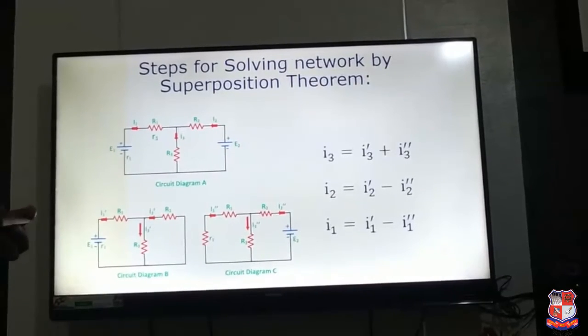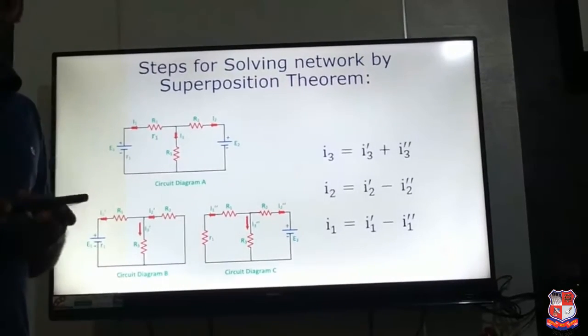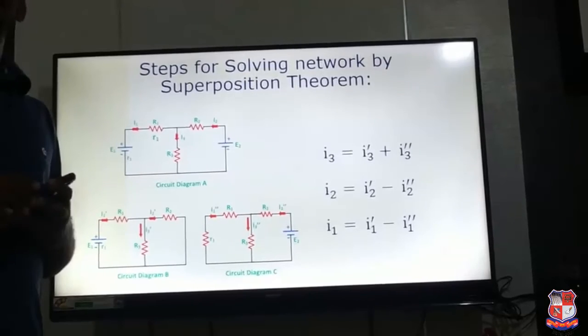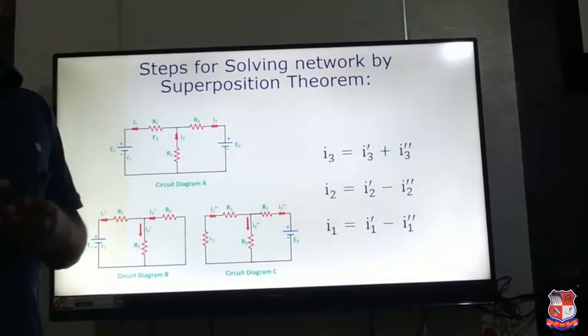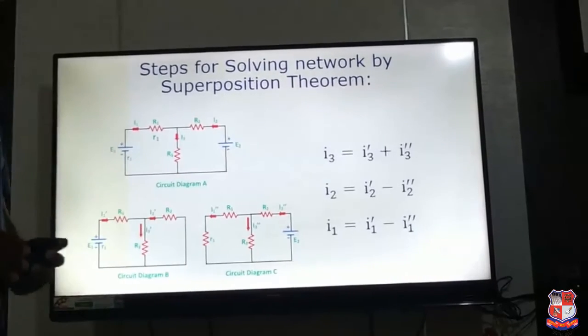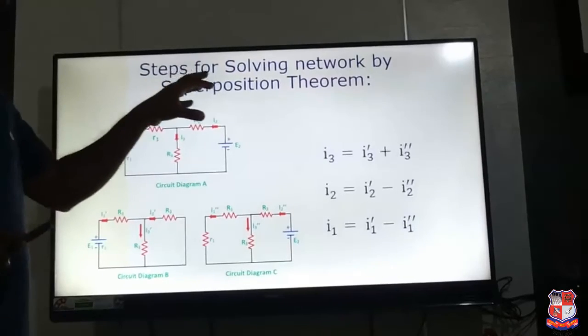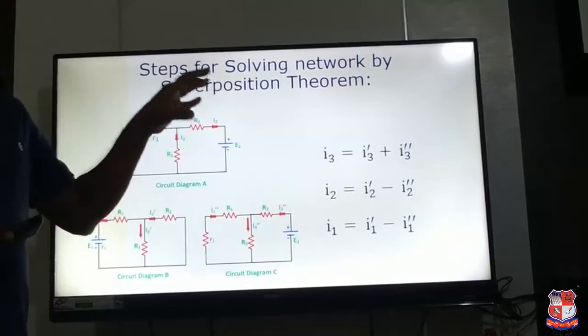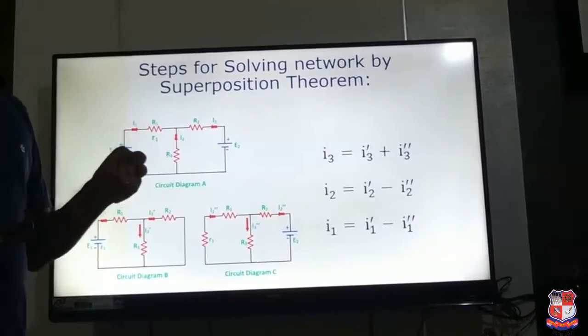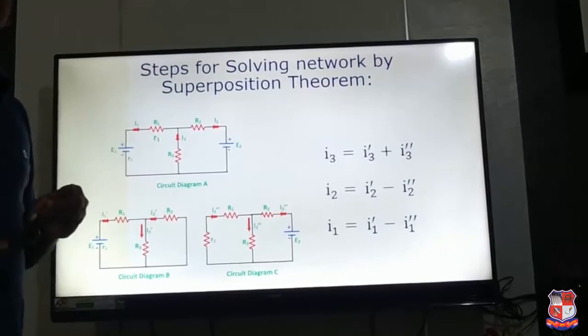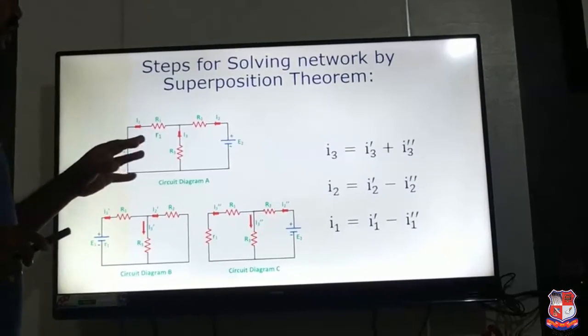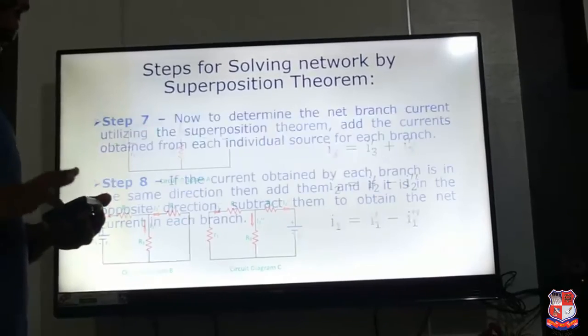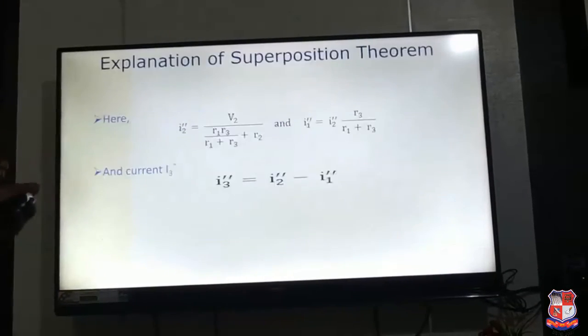superposition theorem we can solve any linear active bilateral network. Linear means the relationship is linear. Bilateral network means the characteristics will not change when the current flows in any direction. So this is the superposition theorem. Once again, let us see the statement of the superposition theorem.